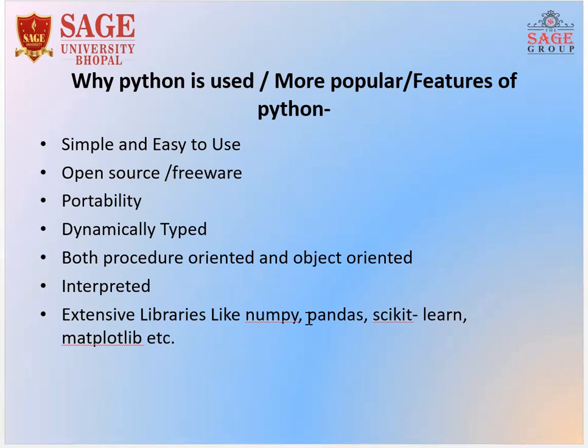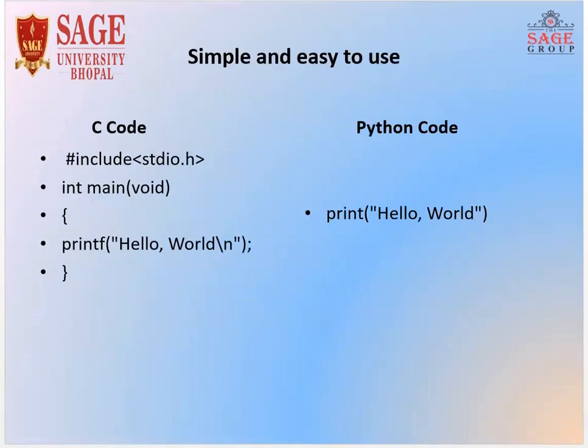When we read a Python program, we can feel like we are reading English statements. The syntax is very simple and it has only 30-plus keywords. If we compare with other languages, we can write programs in very few lines of code, which increases simplicity and readability. We can understand this feature with this example.